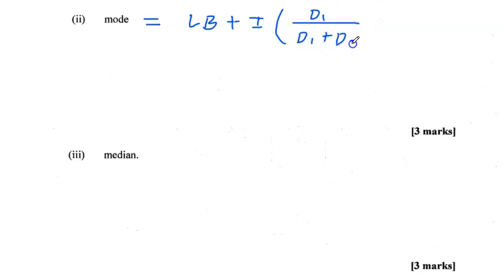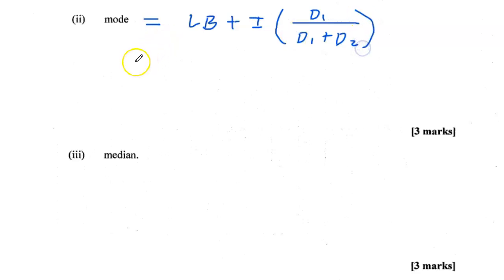Next we're asked to find the mode, and we have a formula for the mode. The mode is the lower boundary plus the class interval times d1 over d1 plus d2.